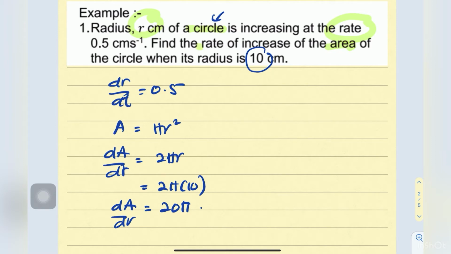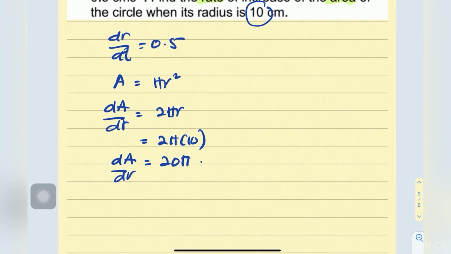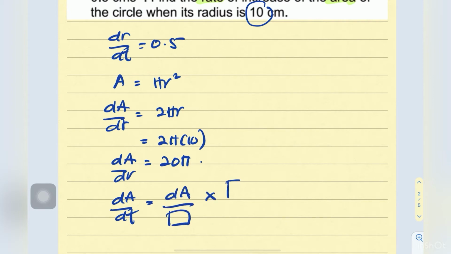The question asks you to find the rate of increase of area. Just now, rate is over dt, so dA/dt equals dA/d(whatever) times d(whatever)/dt.